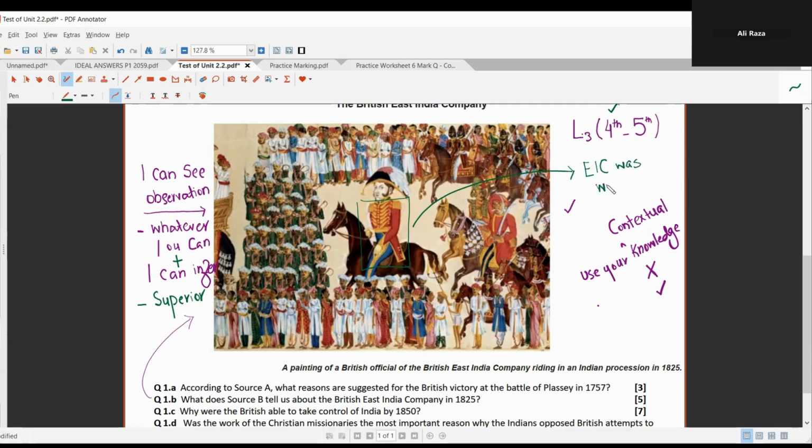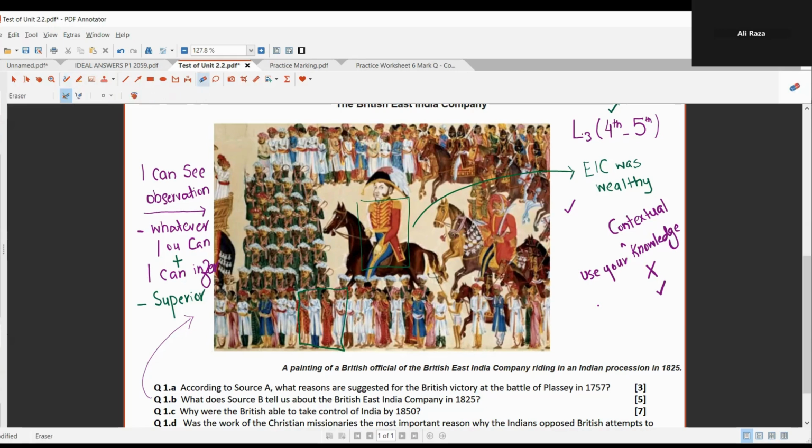जो सुपीरियोरिटी वाली एक बात कर रहे थे, उसके लिए हम एक और ऑब्जर्वेशन कर सकते हैं। For this particular question, if you see, the British person is painted larger as compared to the Indians. अगर आप देखें तो the size of the Indians in the painting is depicted as smaller. Why?